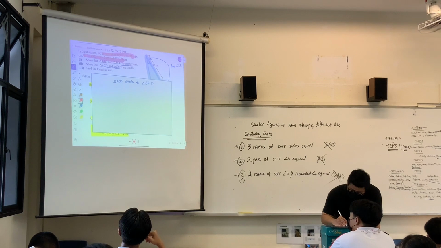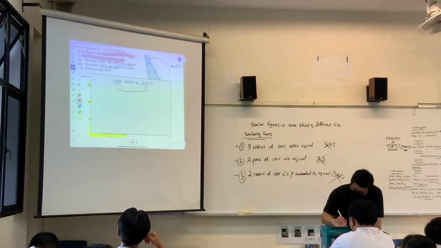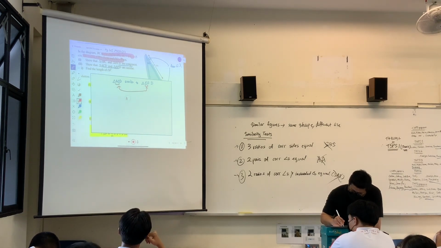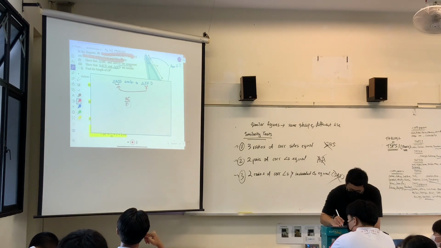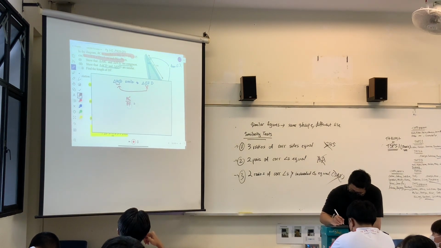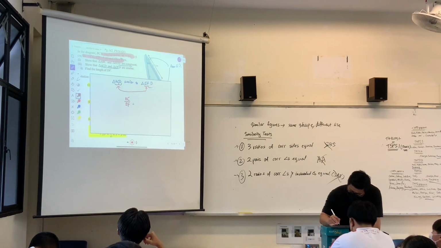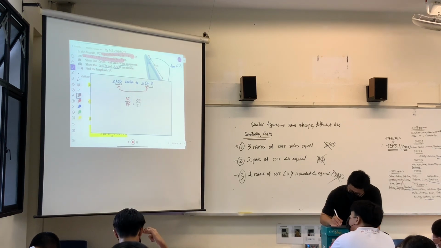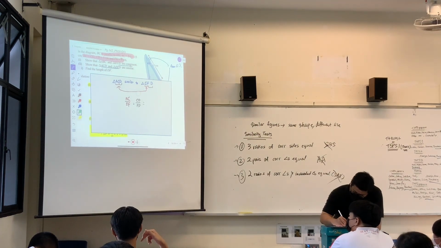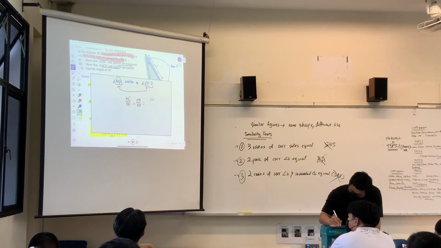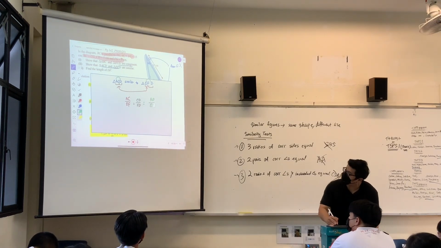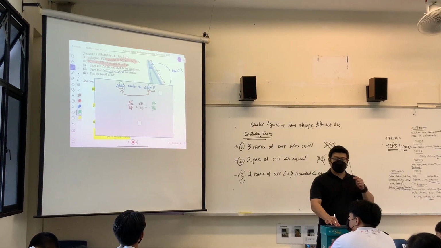So you just align the first two to the first two, that gives you AC over EF. The second two to the second two, CD over FD. The third two, AD over ED. Okay, so this is the corresponding side.